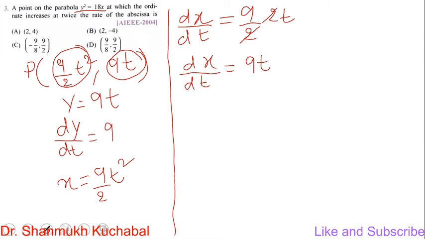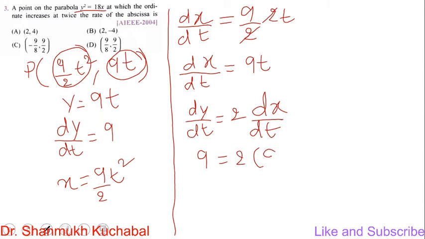So further we have an equation, that is dy by dt equal to 2 times dx upon dt. Now dy upon dt we have to substitute. dy upon dt is 9 and 2 times dx upon dt is 18t. So 9 and 9 get cancelled, so we get t solution as 1 by 2.